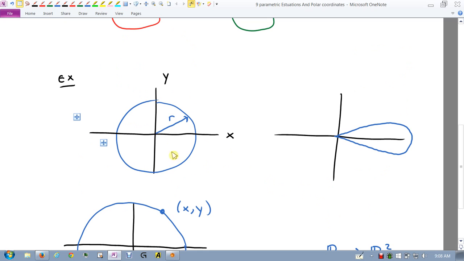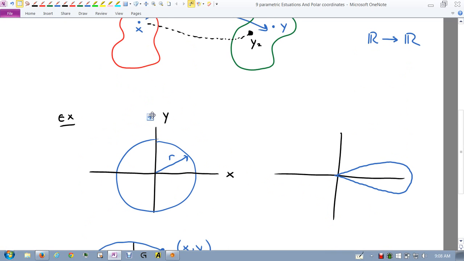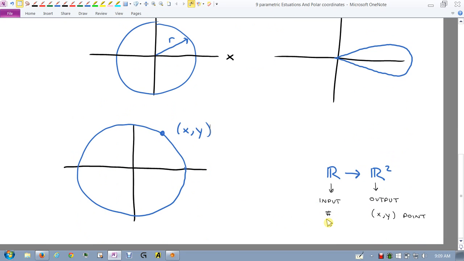Up here, the input x, we graphed it: x is how far you go to the right, and the output is how high you go. This time, the input is not going to be in our picture. The only thing we're going to draw is the output. The input is going to be almost like time running in the background.